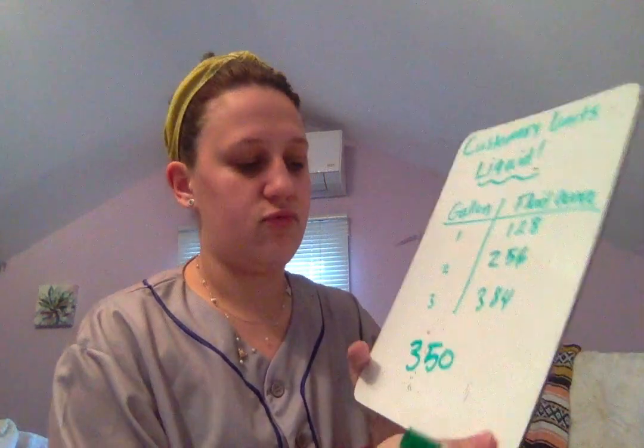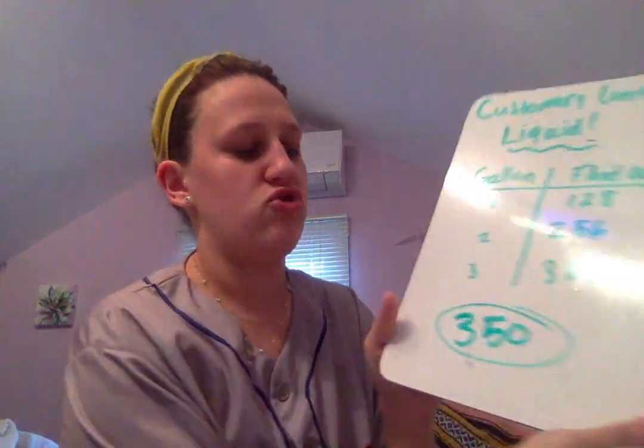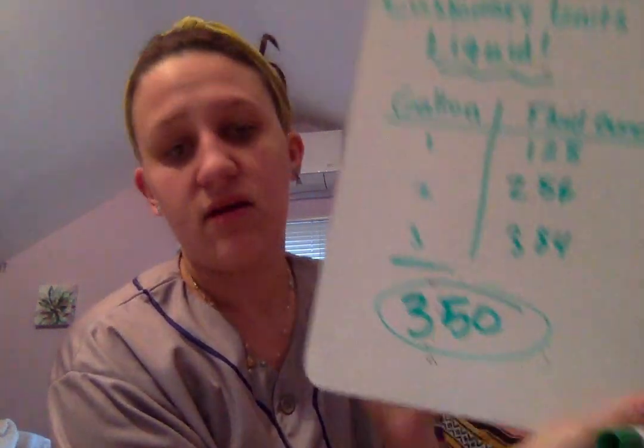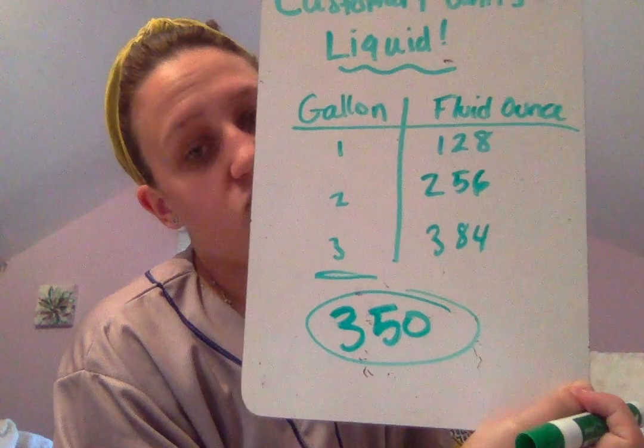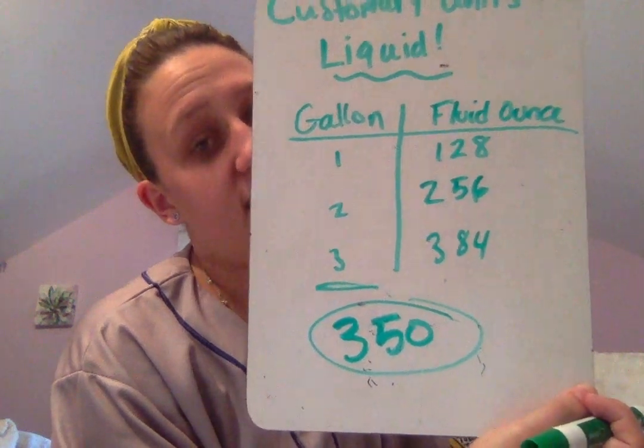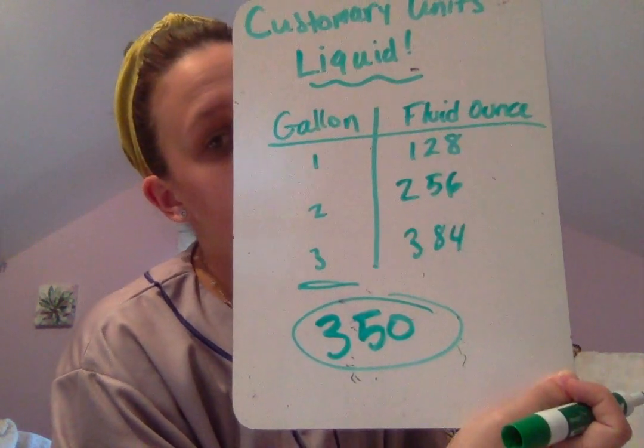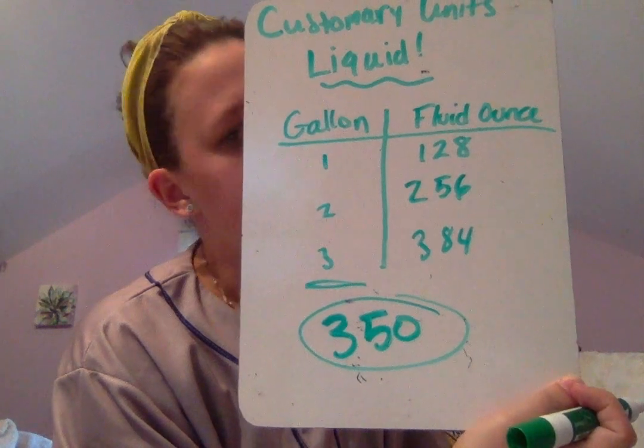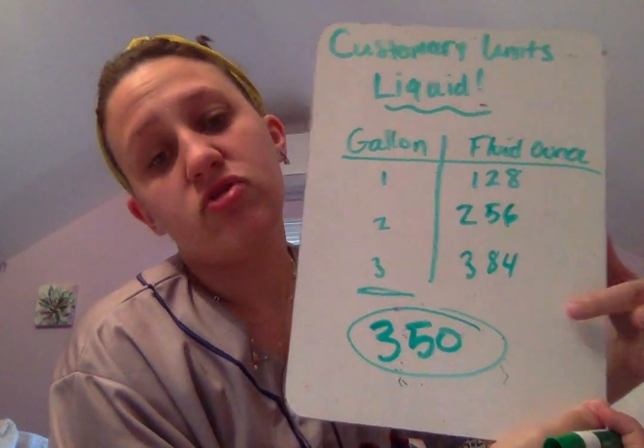Does she have enough? She needs 3 gallons. Is 350 enough to make 3 gallons of lemonade? Nope, definitely not. 384 is far larger than 350, so she does not have enough.